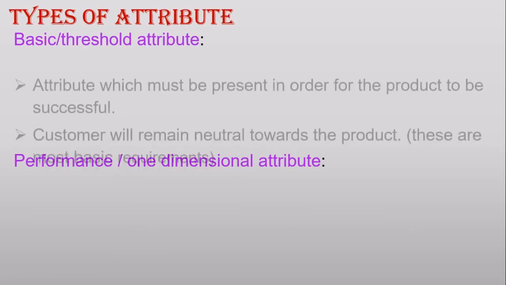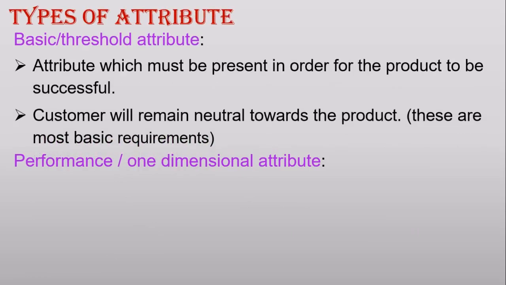There are types of attributes. The first attribute is called the basic or threshold attribute. What are the basic and threshold attributes? The attributes which must be present in order for the product to be successful, or the customers will remain neutral towards the product. These are the most basic requirements.